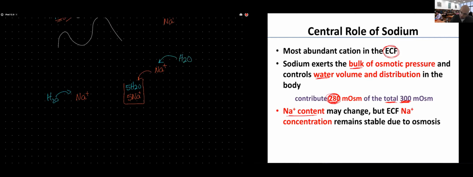So now instead of having 5 sodium, I have 6 sodium, but the concentration didn't change because the sodium that I moved in is accompanied by water. So it's 6 over 6, the same exact concentration. Does this make sense? You can add sodium, but it's always accompanied by water, so its concentration can't change. It's going to remain the same.